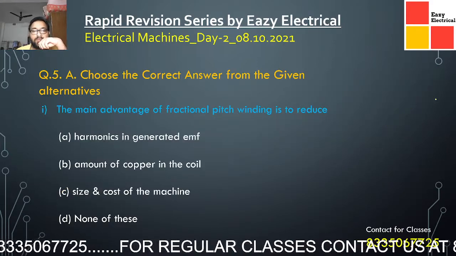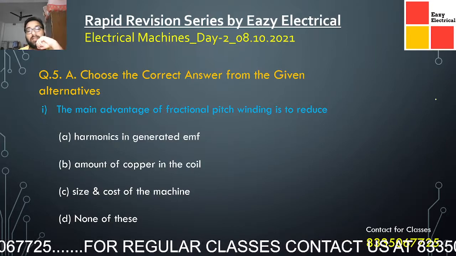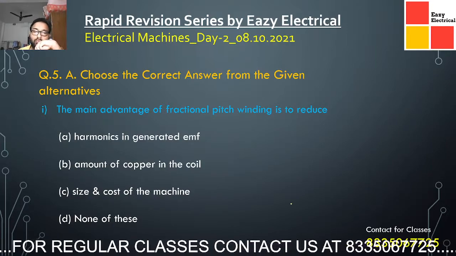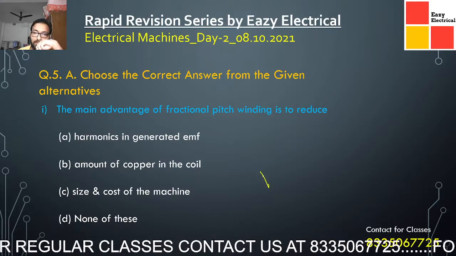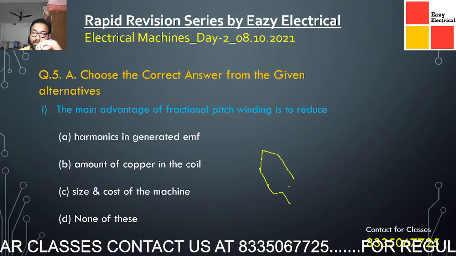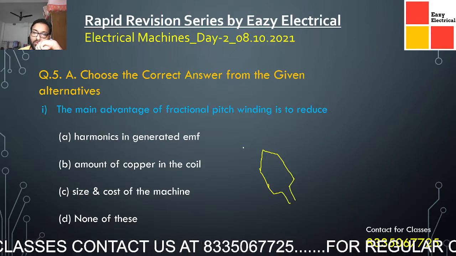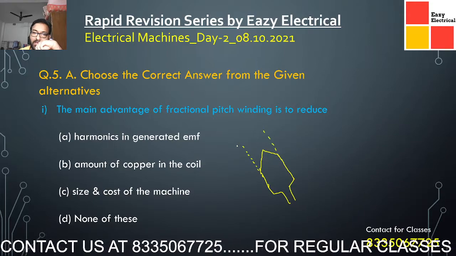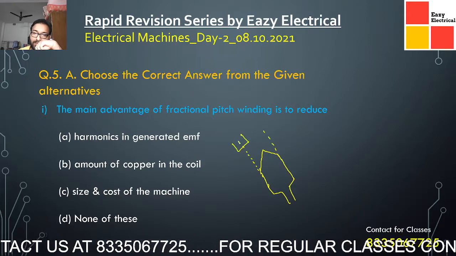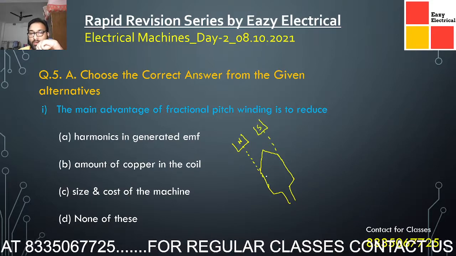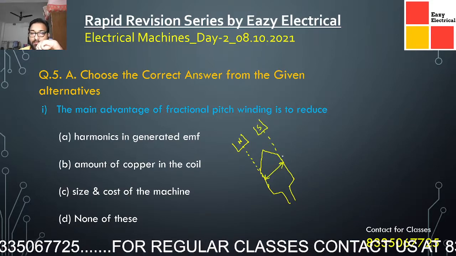Now coming to the next question, what is the main advantage of using a fractional pitch winding? Now to understand this, suppose this is a single turn coil I am taking. Suppose this is the coil, this is one coil side, this is another coil side. If these coil sides lie on the north pole and south pole, in between north and south pole, then we call it a full pitch coil.